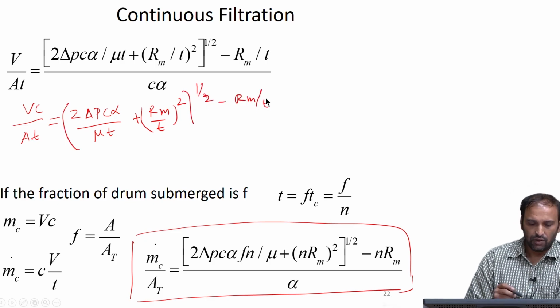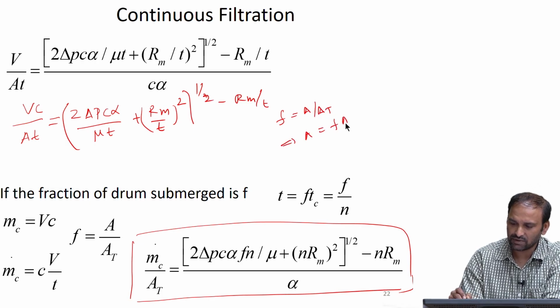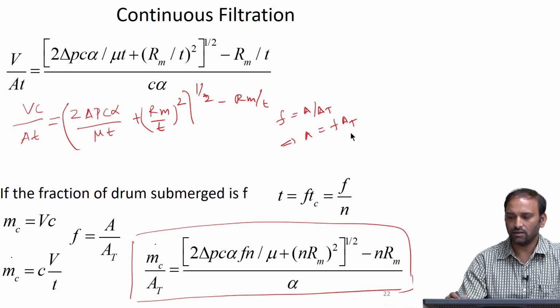Now, I know that f is A divided by At, therefore A is f times At, where At is the total area.